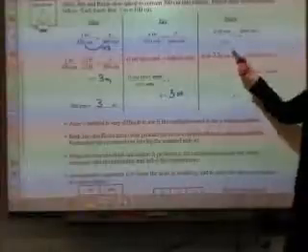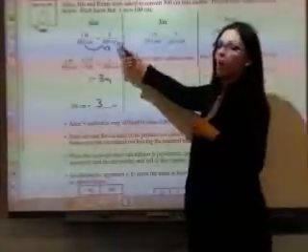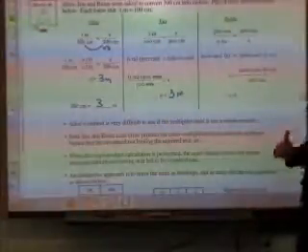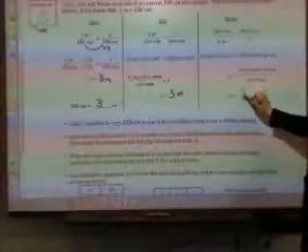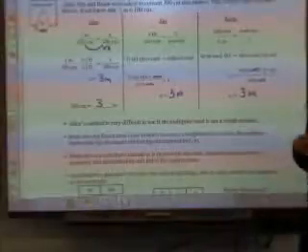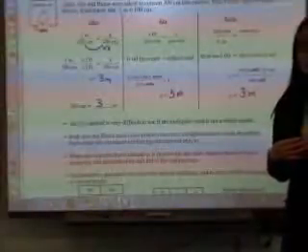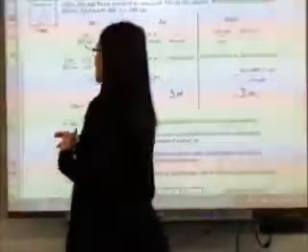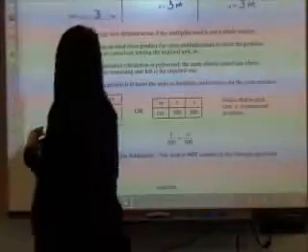Centimeters on the top, meters on the bottom. Meters on the top, centimeters on the bottom. 300 divided by 100, the centimeters will cancel out, and I'll be left with 3 meters. So when you're looking at proportional reasoning, it doesn't matter how you set it up as long as you maintain consistency between the two proportions.